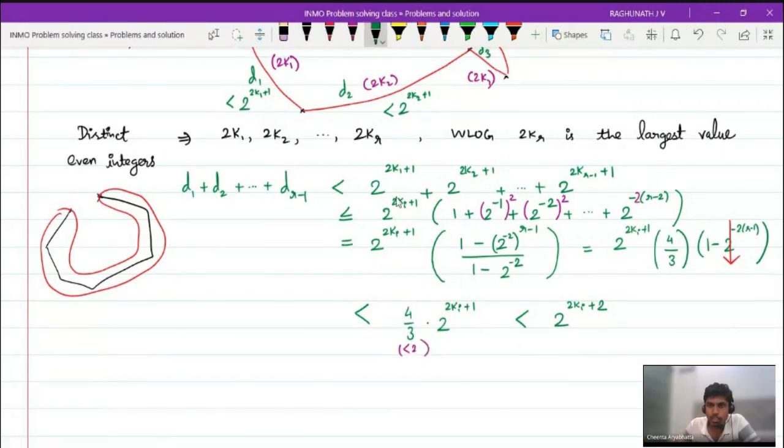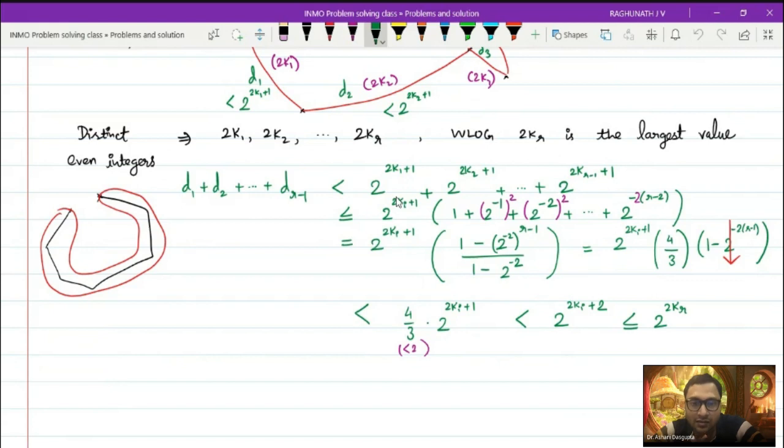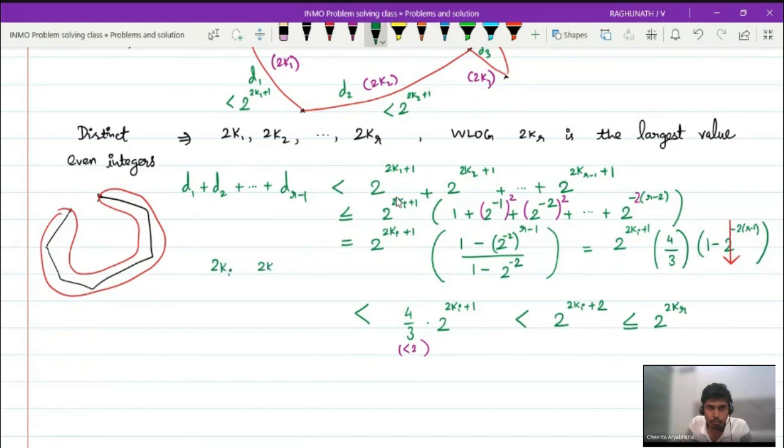And what do we observe here? Since 2kr is assumed to be the largest, this is always less than or equal to 2 power 2kr, right? Because it's at least 2 more than 2ki. Exactly. 2ki and 2kr are even numbers where 2kr is strictly larger than 2ki, which means the difference is at least 2.